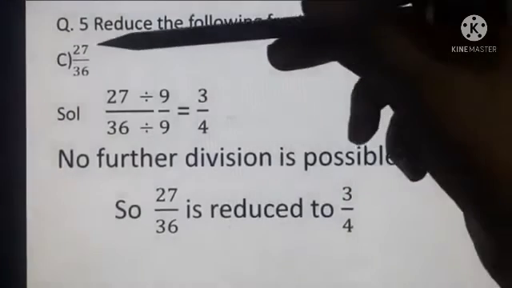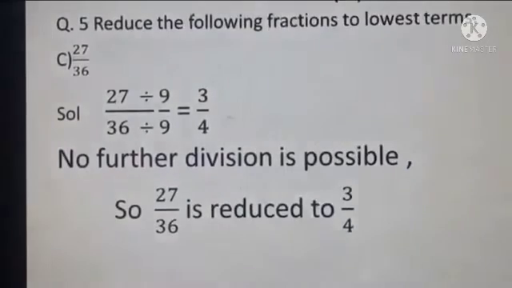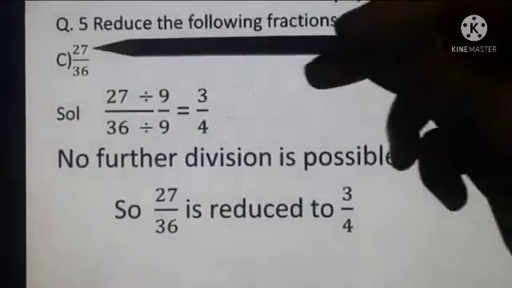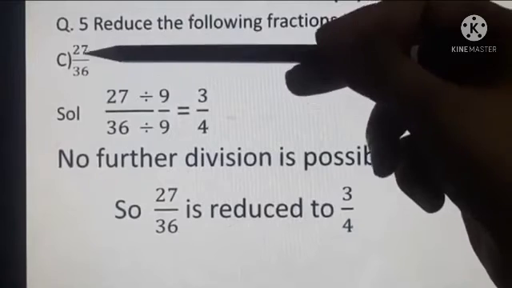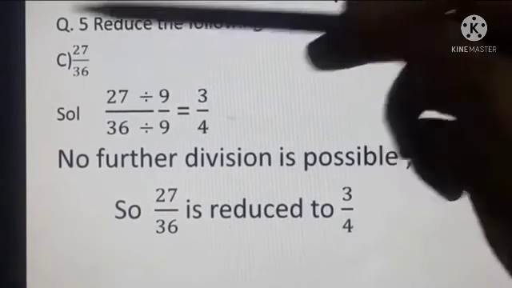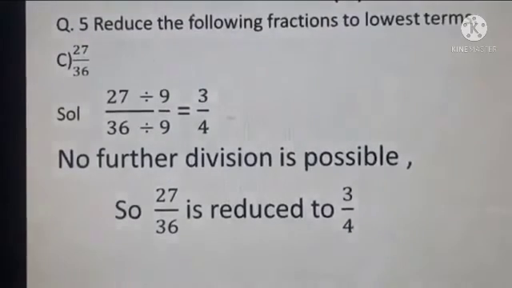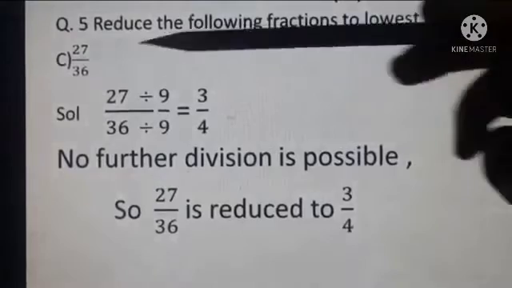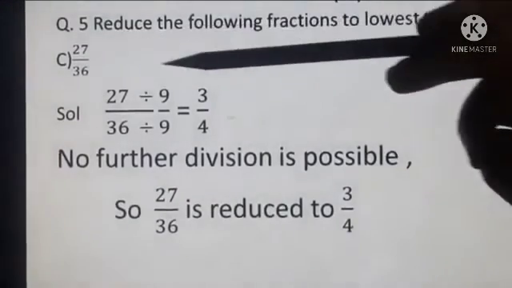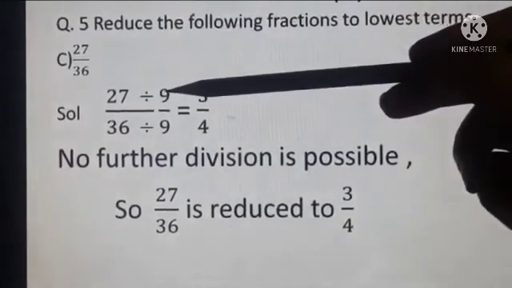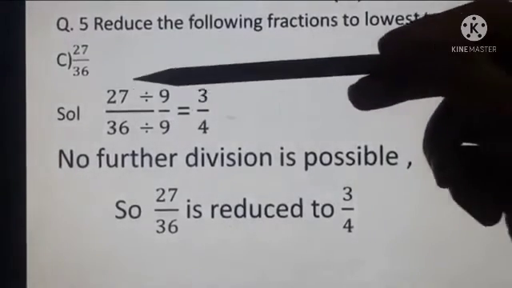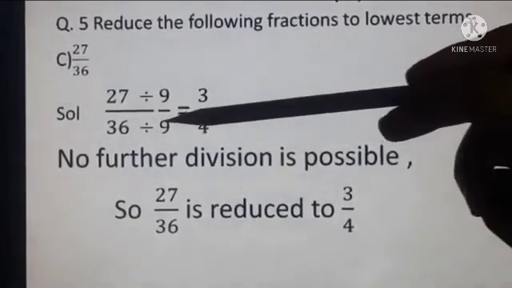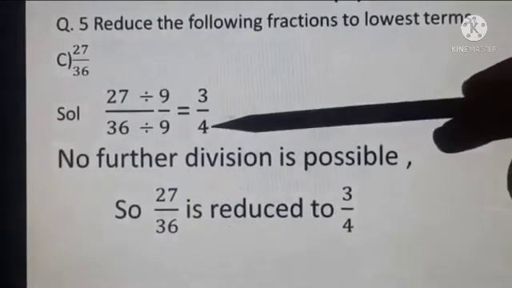Now our C part, 27 upon 36. We know that both the terms, 27 and 36, are divisible by 9, and also by 3. You know this? Okay. So we have started by dividing with 9. 27 divided by 9, 36 divided by 9. 9 3s are 27, 9 4s are 36.